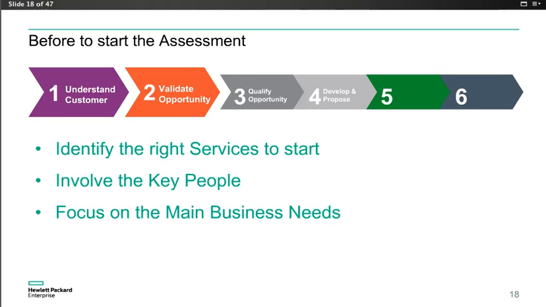The second part that we have to focus on is involving the key people, and talking with the right stakeholders who are able to change things. And the last one, maybe the most important from my personal experience, is to focus on the main business needs, because sometimes companies focus mainly on IT needs.